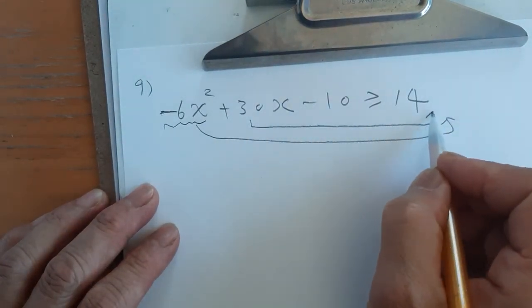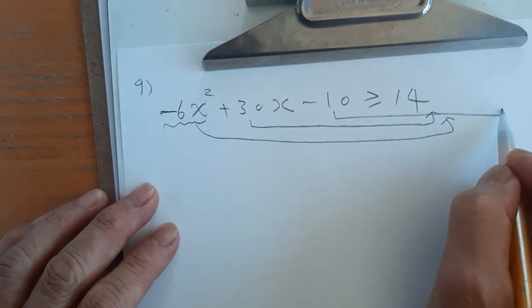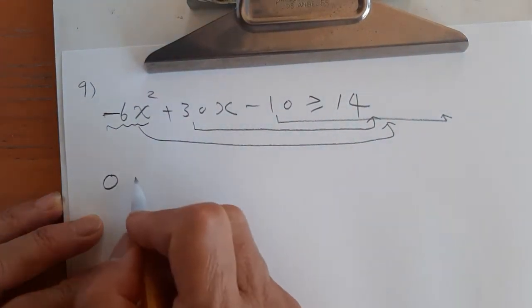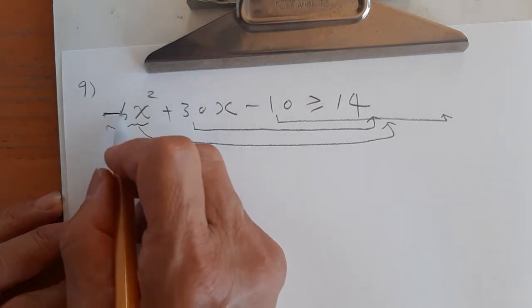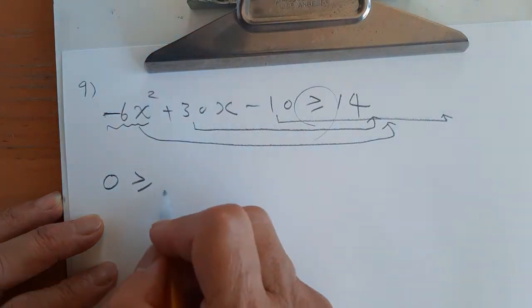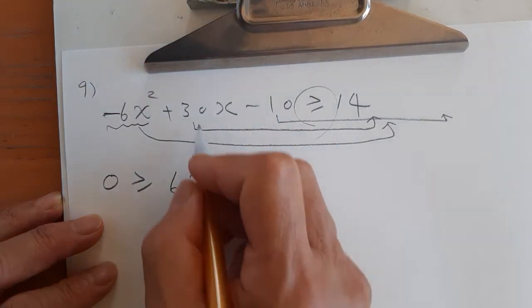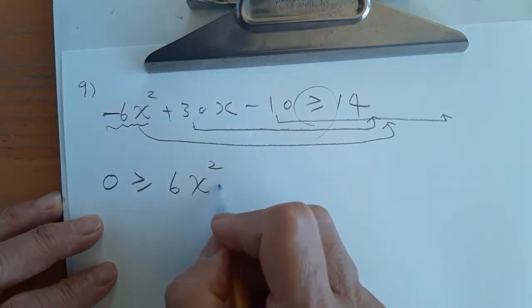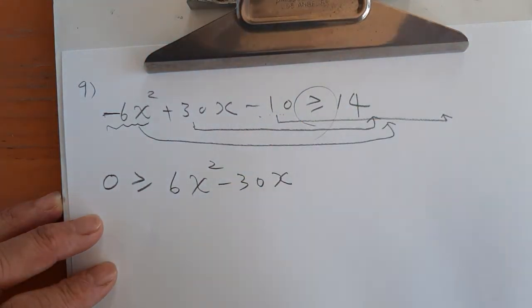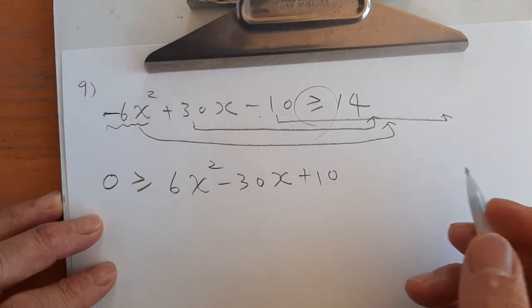Move all the terms to the left and make this side become 0, greater than or equal. This moves to the right of the inequality, change the sign, becomes 6x squared. This moves to the right, change the sign, becomes minus 30x. This minus 10 moves to the right, becomes positive plus 10.